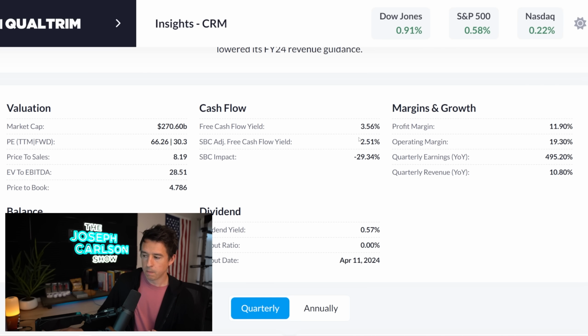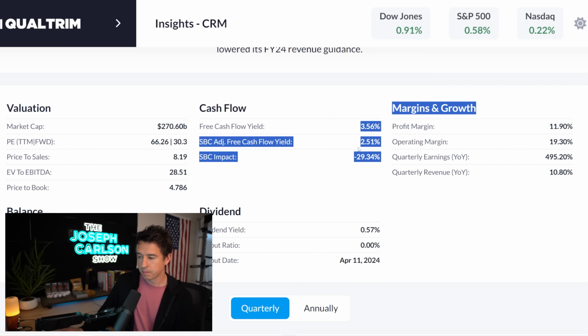With stock-based comp, it's more like 2.5%. So it's about half of what the risk-free treasury is. But 2.5% to 3.5% based on stock-based comp isn't a bad range when you're looking at a company that I think is as high quality as Salesforce.